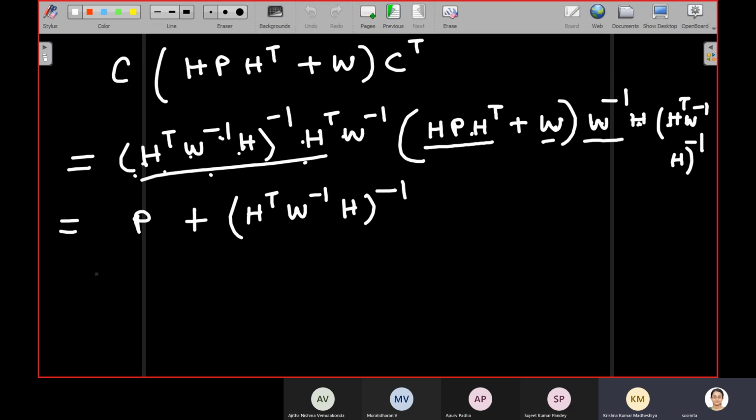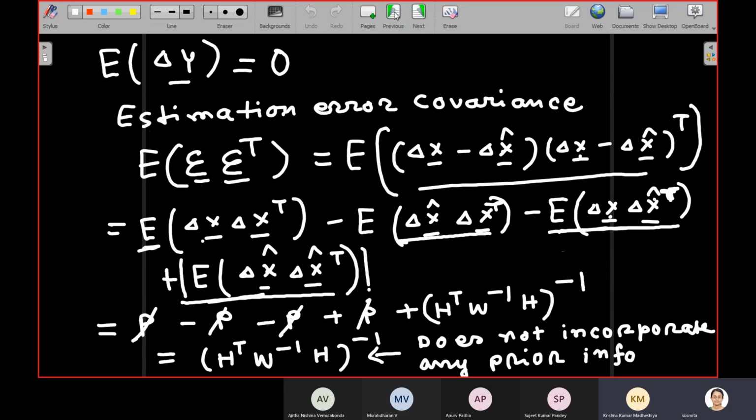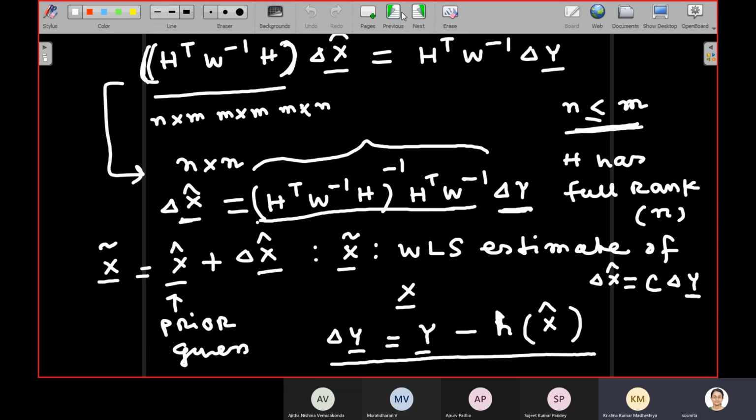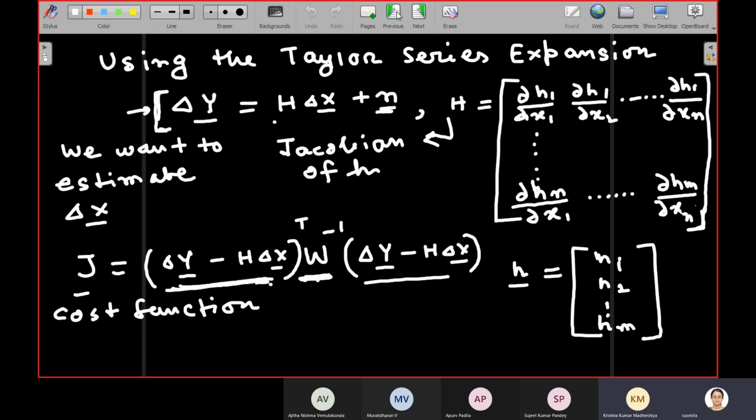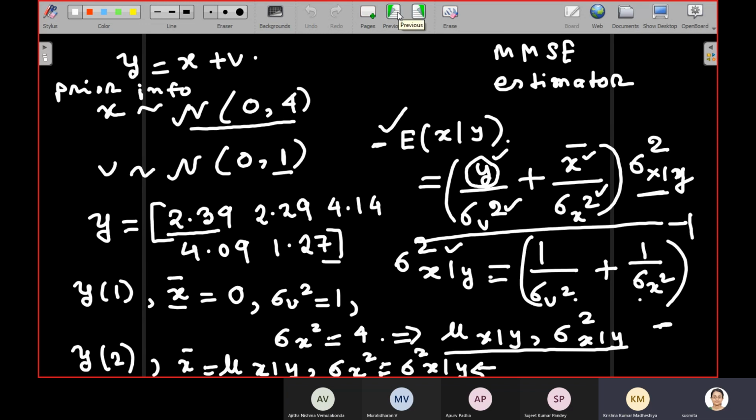Now for the problem that we considered, y is equal to x plus v. And we had 5 different values of y. I'll show you the method. You need to do the numerical calculation and find the final answer. So we have 5 different values of y.